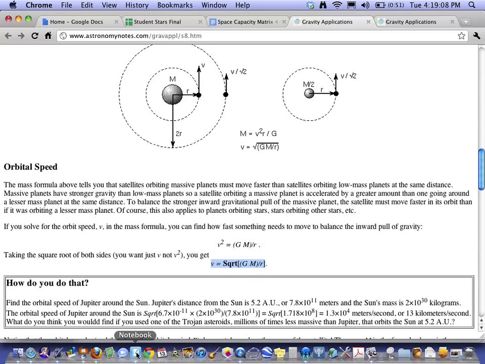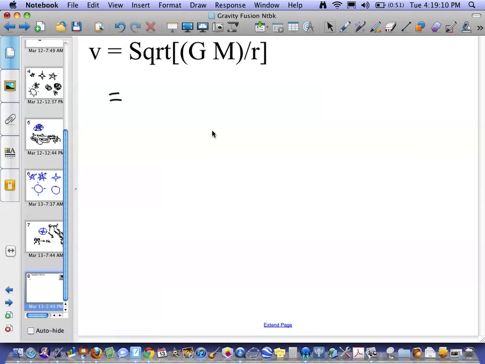So I'm going to go over here into my notebook, and I've already pasted it in here. So the speed of my star is equal to the SQRT, which you might have figured out is the square root of the gravitational constant times the mass of the star divided by the radius at which the planet is traveling.